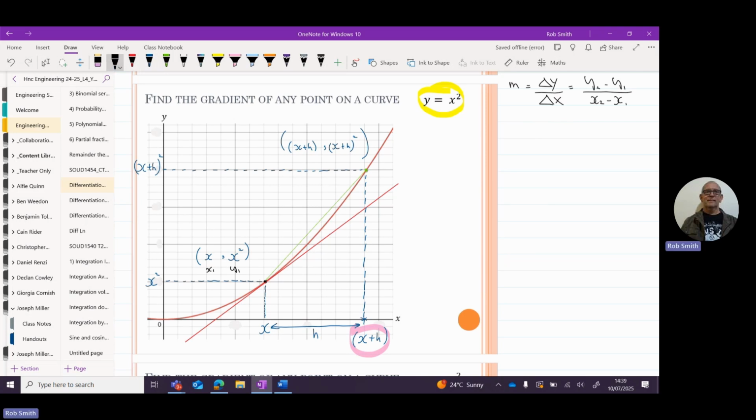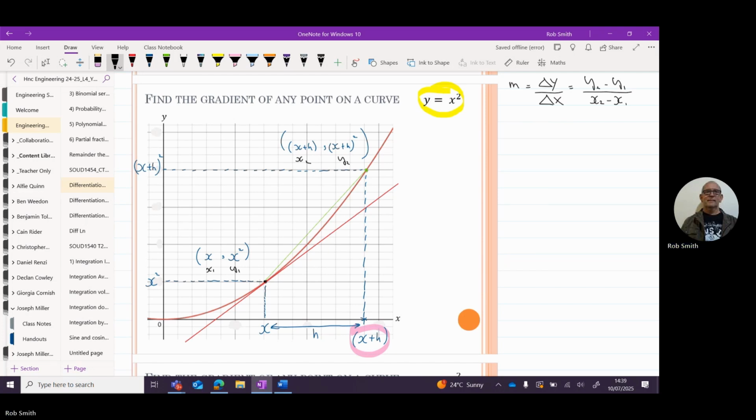Now I can identify my second set of coordinates as x2 and y2. Now I've got all the information I need to use my formula. My formula up here says gradient is y2 minus y1 divided by x2 minus x1, and I've got all that information on the graph now.